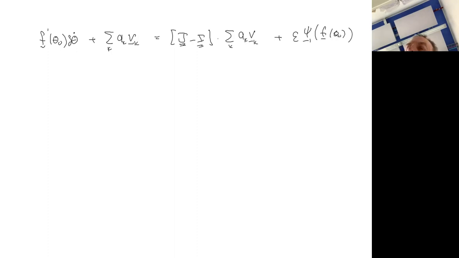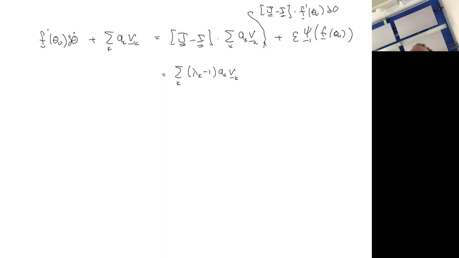This term here is equal to, so J dot v_k is lambda_k, so this is the sum on k of lambda_k minus 1 a_k v_k. Oh, actually, I forgot a term, a very important term: J minus I dot F prime of theta naught times delta theta.